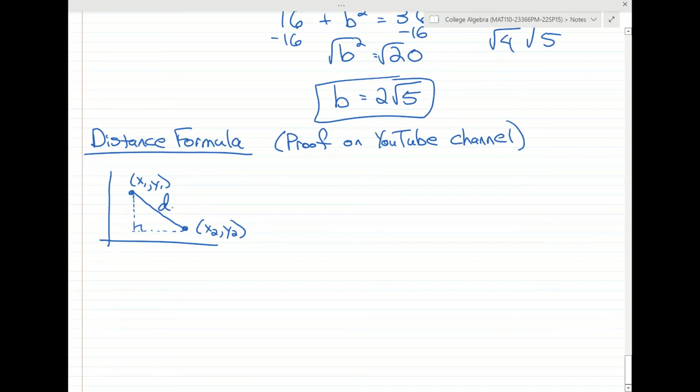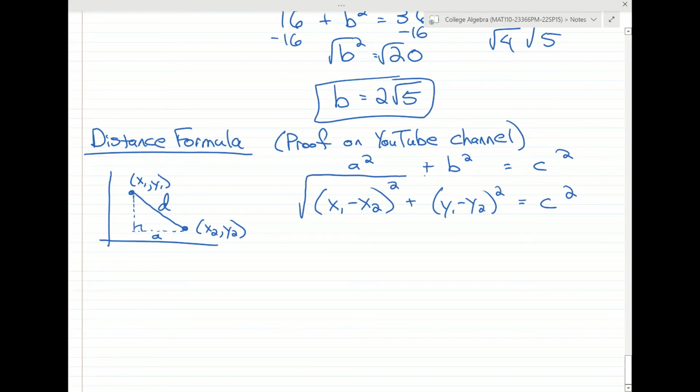So using the Pythagorean theorem, the A value would be x1 minus x2 squared. The B value would be y1 minus y2 squared. And the C squared is what we're looking for. We take the square root of both sides and wind up with your distance formula.